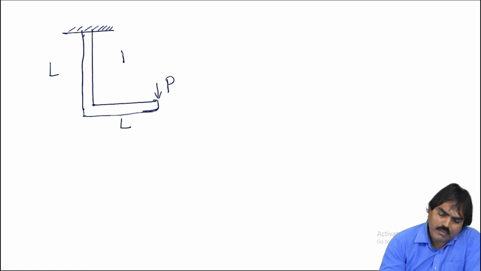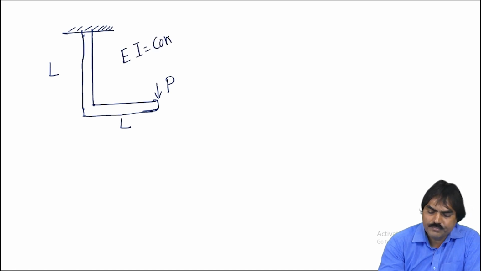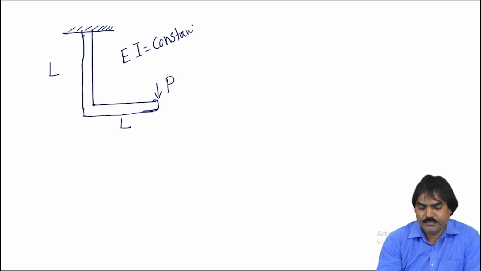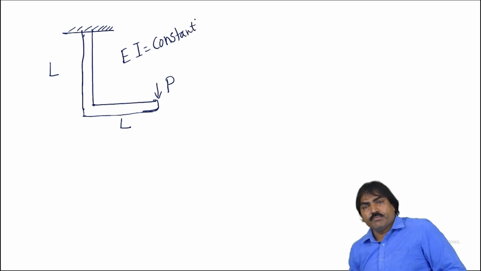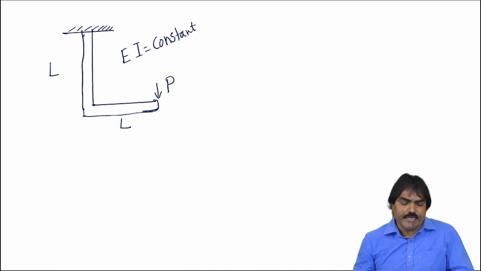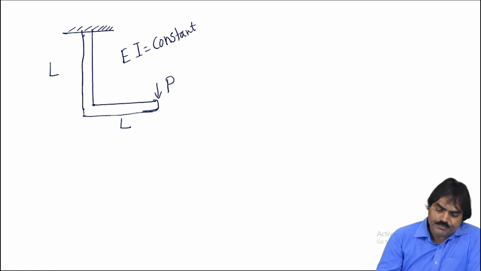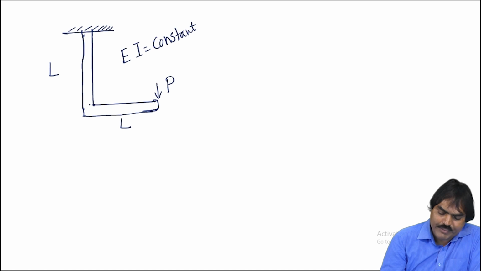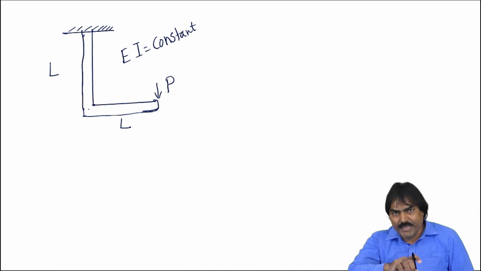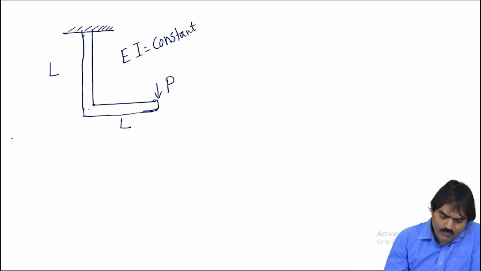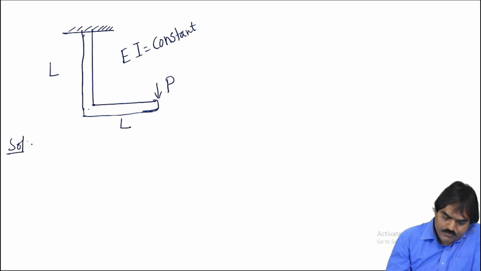Anyway, same frame, that means EI is constant. The question is, determine the deflection at the free end. When I apply the load here and transform it to here, the load will act down, followed by a moment. Let us see the solution.